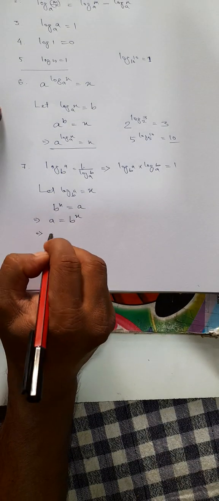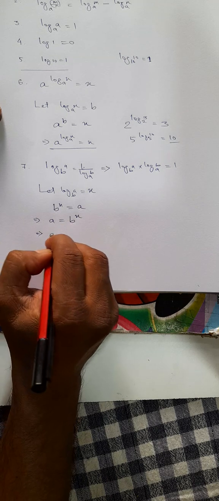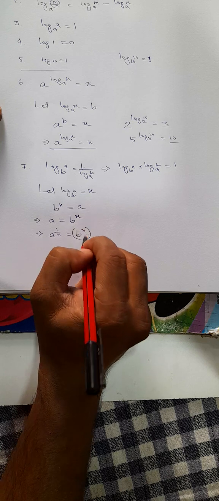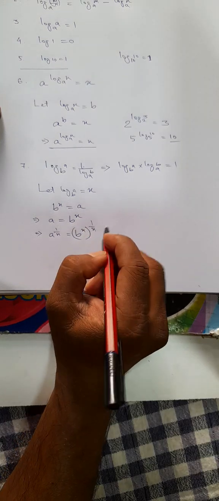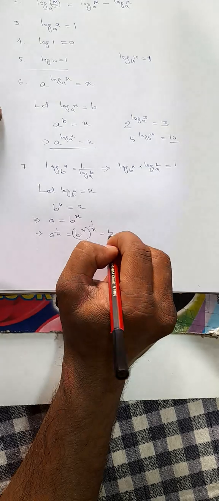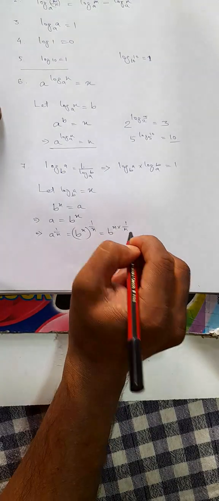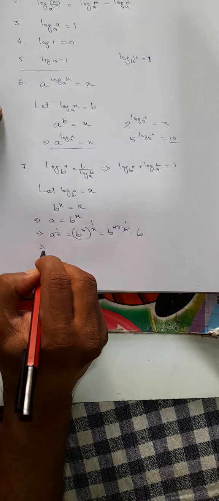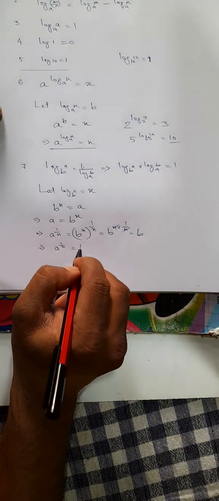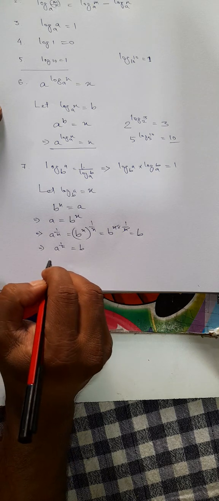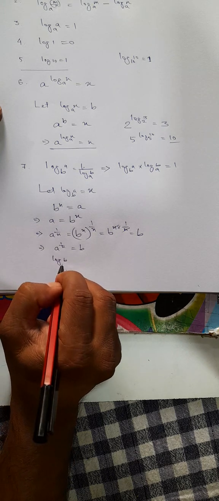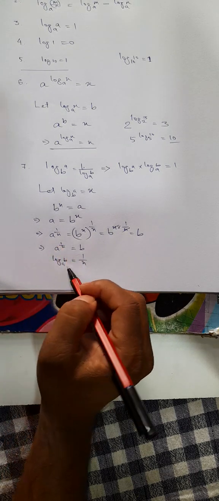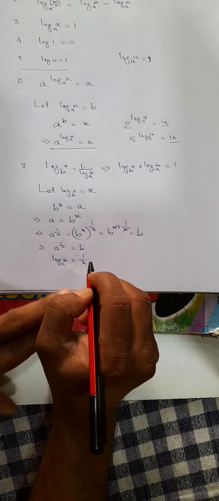Now let us raise a to the power of 1 by x. So right hand side you will also do the same thing, b to the power x to the power 1 by x. So right hand side on simplification this becomes b to the power x into 1 by x. X cancel each other, b. So a to the power 1 by x equal to b. Now in logarithmic form you will write it as log b to the base a equal to 1 by x.